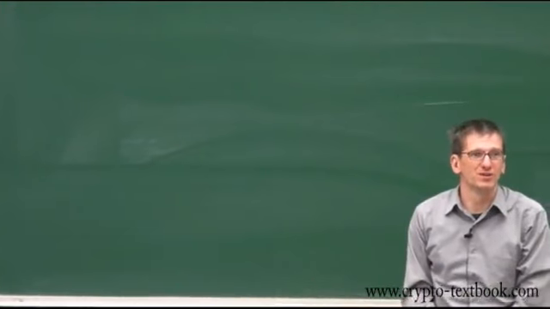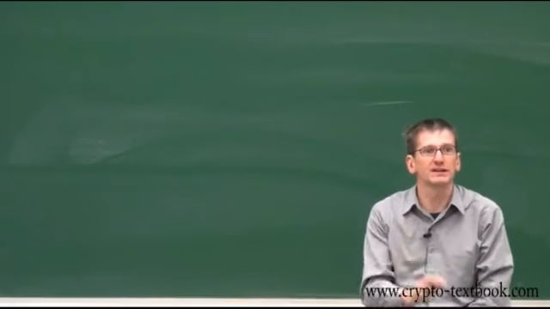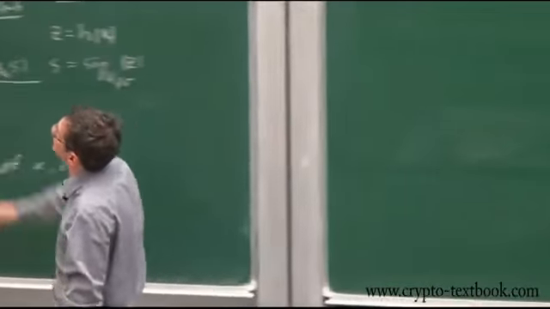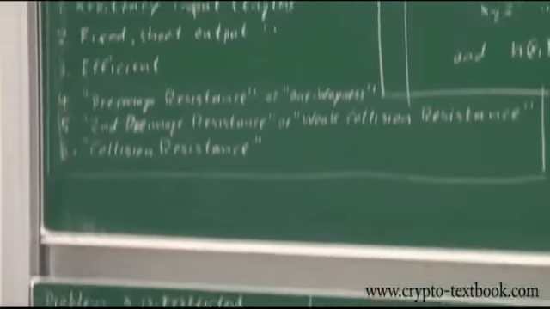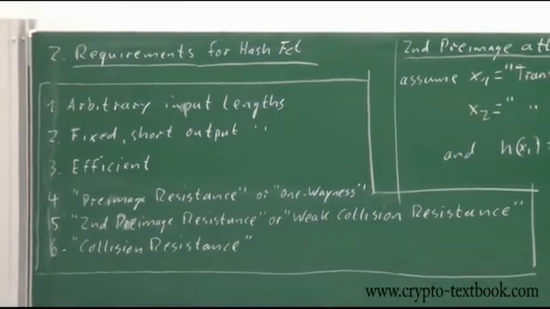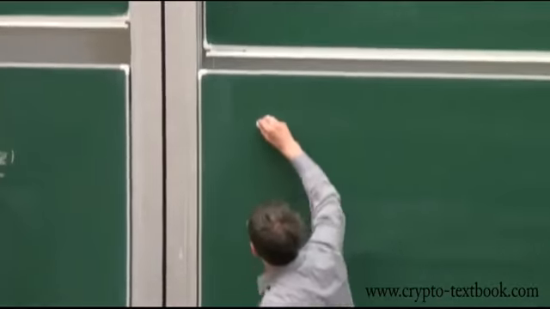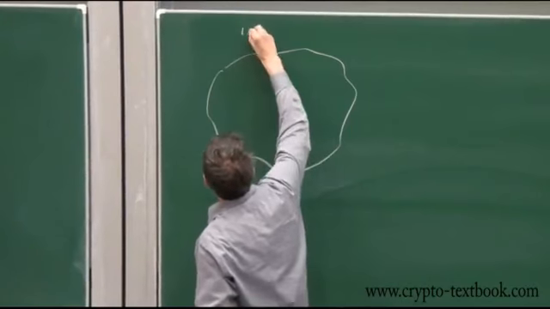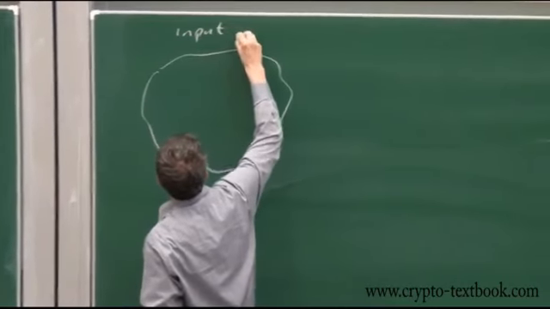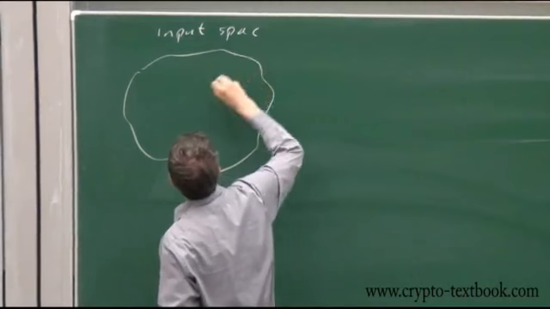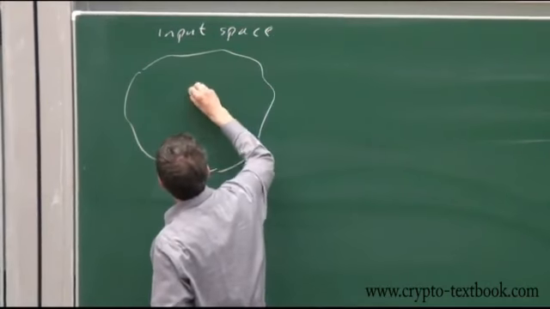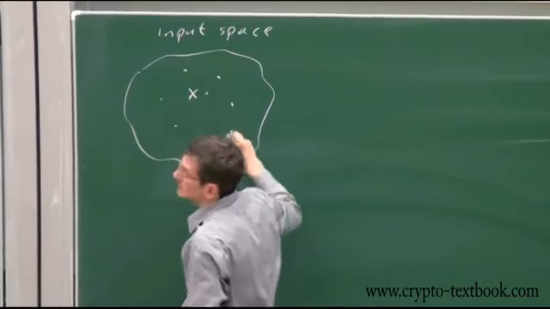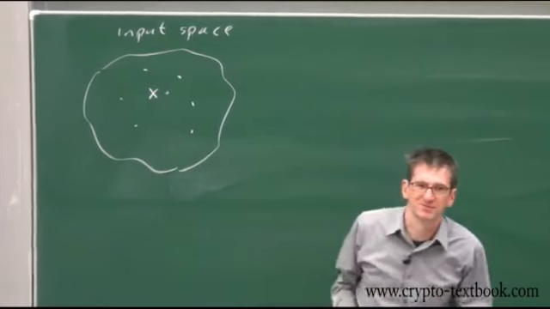And it doesn't work. All hash functions must have collisions. And why is that? Does anyone know the answer? Yeah, conditions 1 and 2, namely that this is our input space, and we allow arbitrarily many inputs.